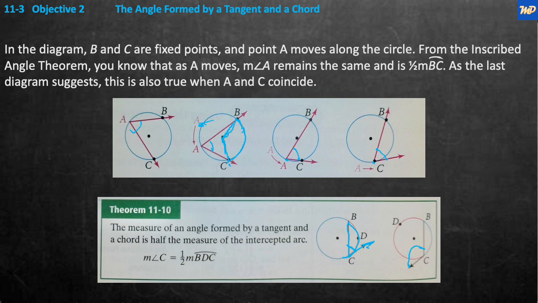I'm going to go around here slowly. So their angle here, angle C, this is the arc right there. Okay? Inscribed arc. So let's work on one of these and see. It's basically the same as what we've been looking at.